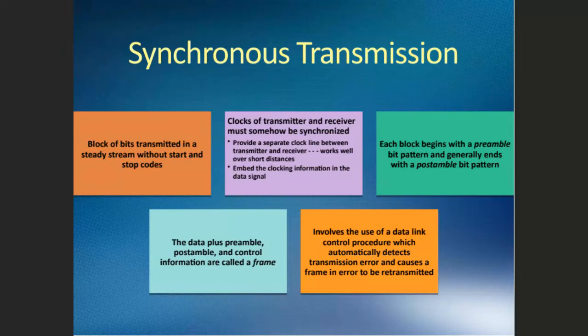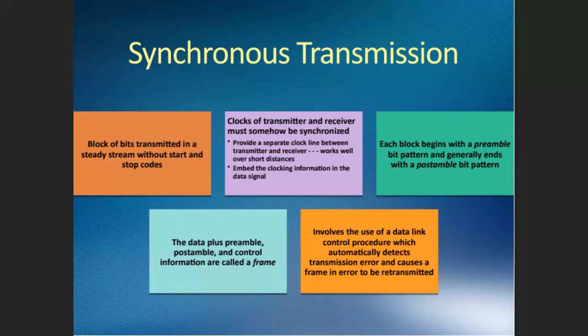The clocks of the transmitter and receiver should be synchronized, their speeds or clocks. It provides a separate clock line between transmitter and receiver, which works well over short distances. Or embed the clocking information in the data signal to keep synchronized.